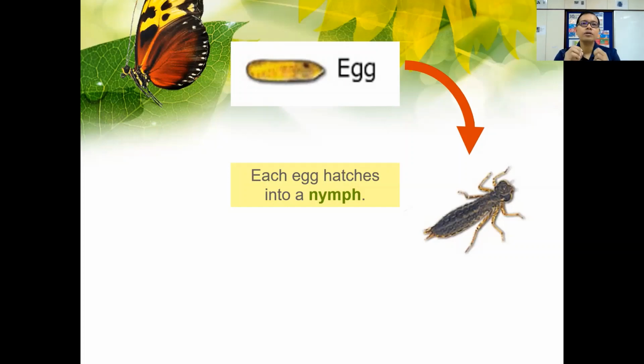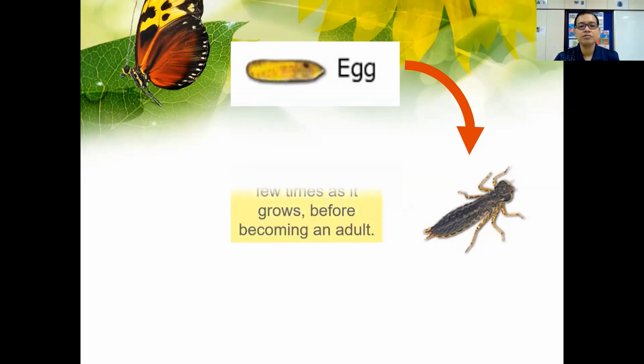We usually use the word nymph to refer to the young of an insect that goes through a 3-stage life cycle. We do not call caterpillars nymphs. There is another word for caterpillars, and we are going to take a look at that in just a while. Okay, but for the dragonfly, the egg hatches into a nymph.